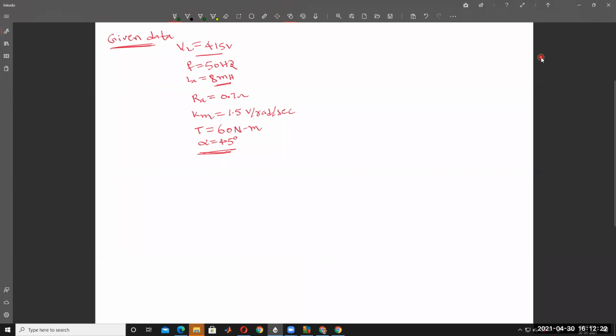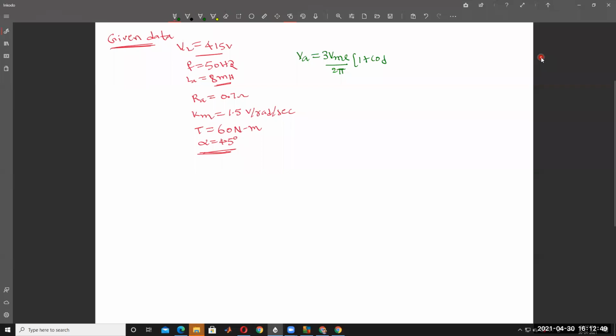So the output voltage of the semiconverter Va is equal to 3 VmL, the maximum line voltage, divided by 2 pi into (1 plus cos alpha). This is the formula.